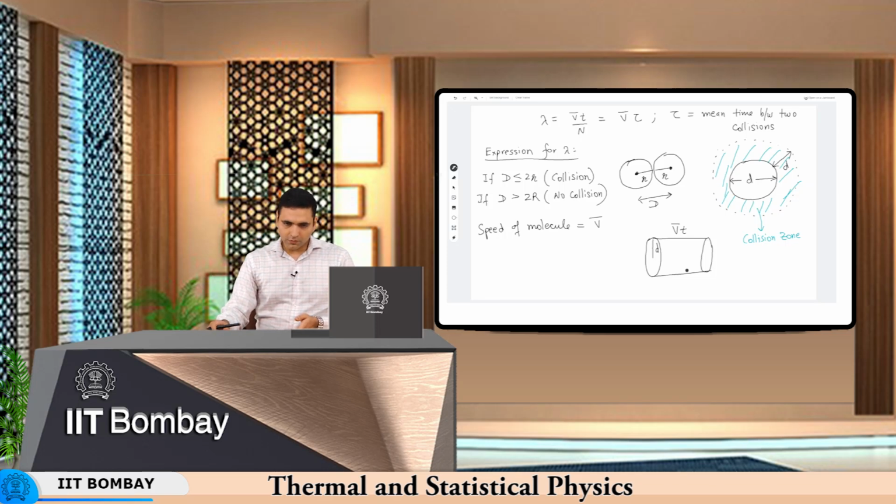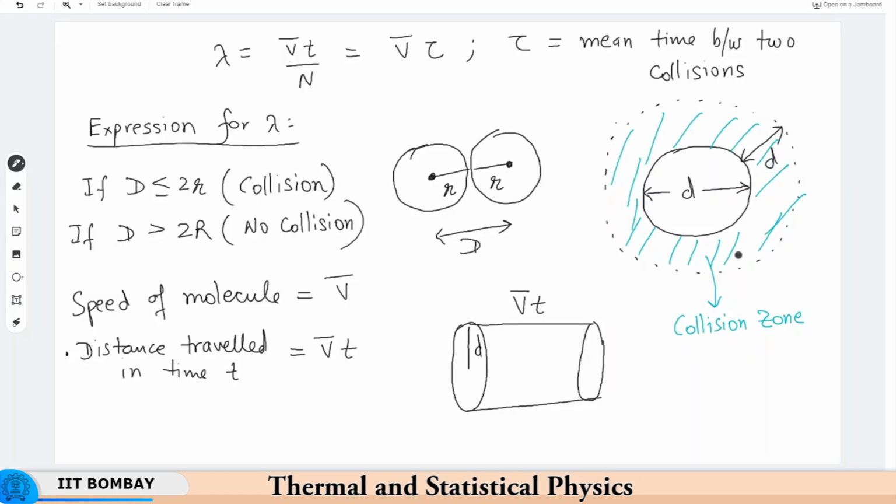So, basically maybe I can write down. So, distance travelled in time t is basically V average times t, right, and this collision zone will now basically look like a cylinder whose length is V t and radius is d, right.